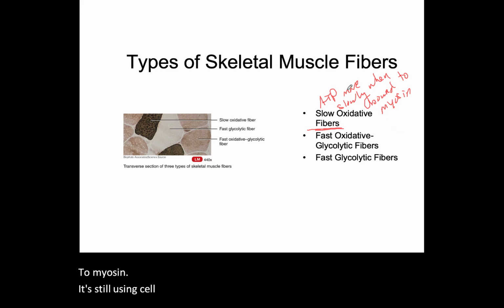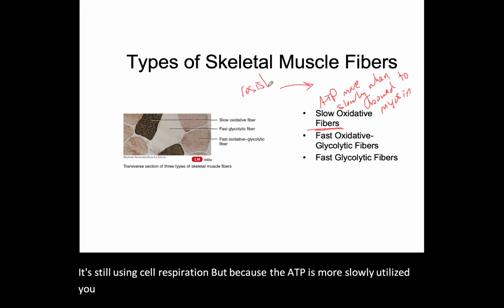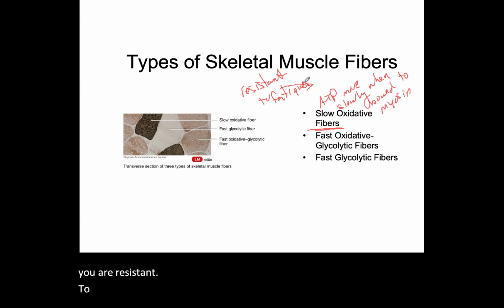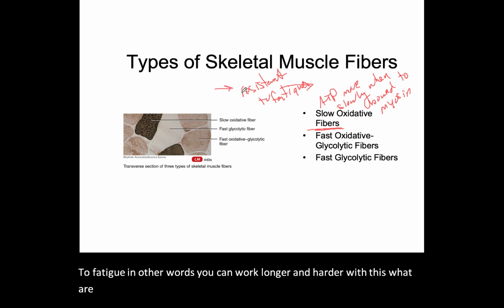But because the ATP is more slowly utilized, you are resistant to fatigue. In other words, you can work longer and harder with this. What are we talking about? What activities are using slow twitch muscle fibers?